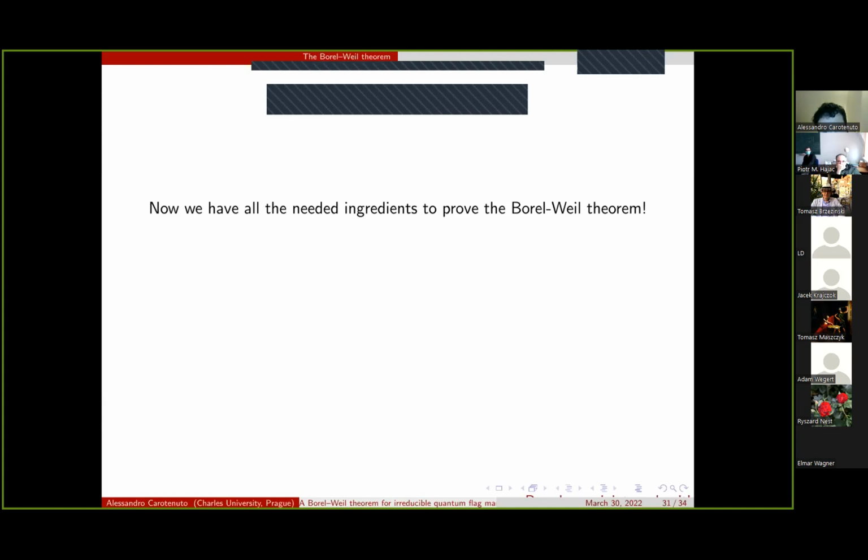We have a connection that we have built from the principal connection. So we can prove the statement of the Borel-Weil theorem, and once we have all the ingredients, there are just some algebraic manipulations to perform.